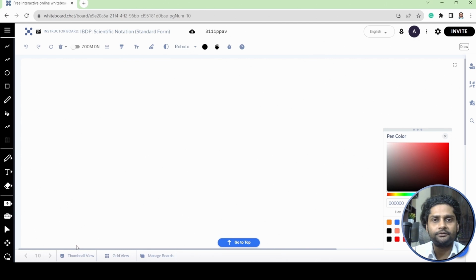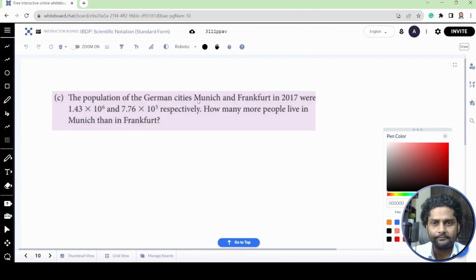Let's continue to the next question. This could be the last question of this lesson. Here students, we have been asked to find out the difference between the population of people, whatever it is.